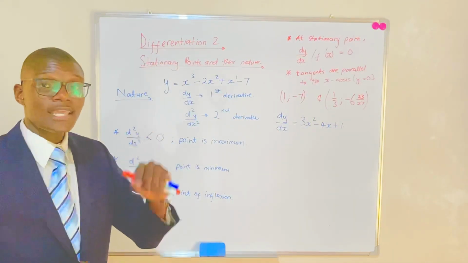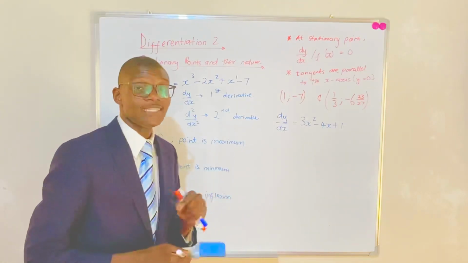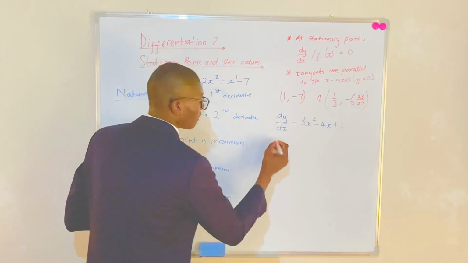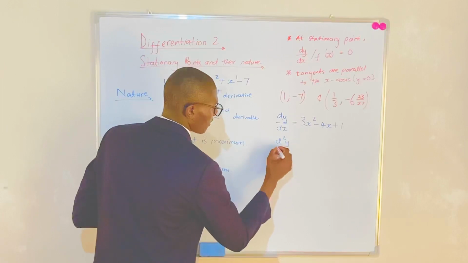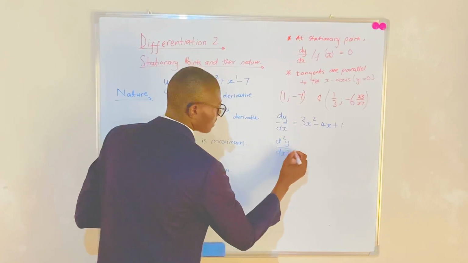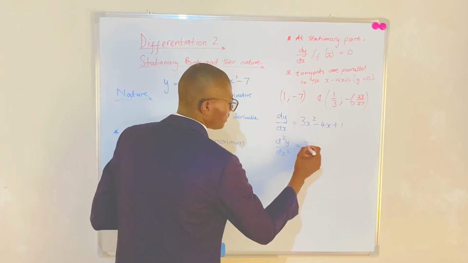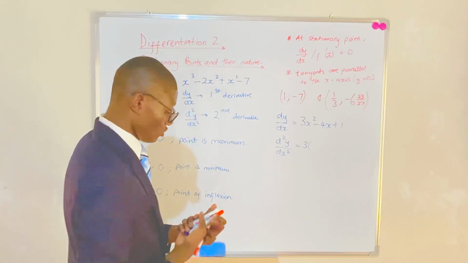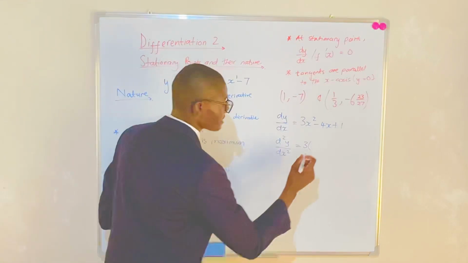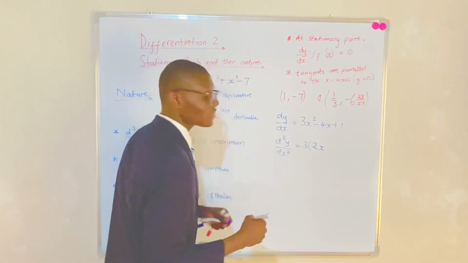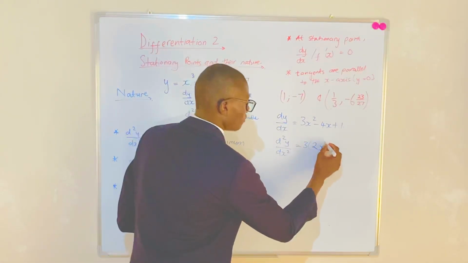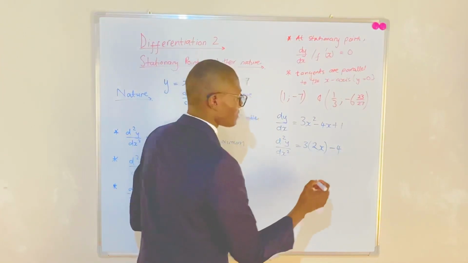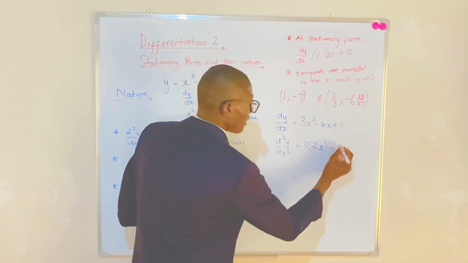So now the second derivative, we're going to differentiate this first derivative. d squared y by dx squared shall be equal to 3 times the derivative of x squared. We're dropping the power 2, then multiplying by x, then subtracting 1 from the power of the 2 to just get a 2x, minus 4 times the derivative of x to the power of 1.